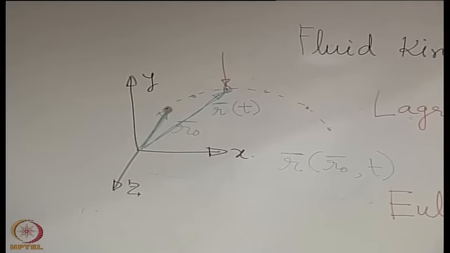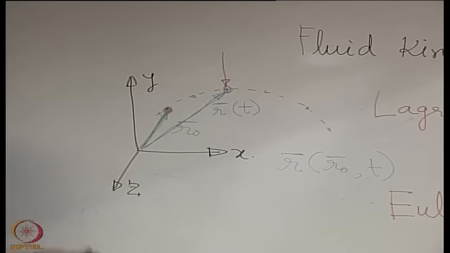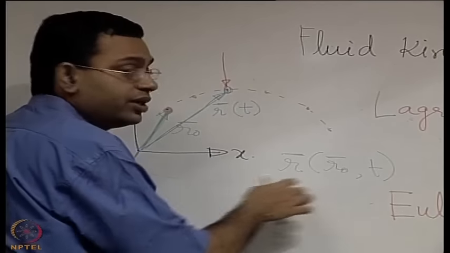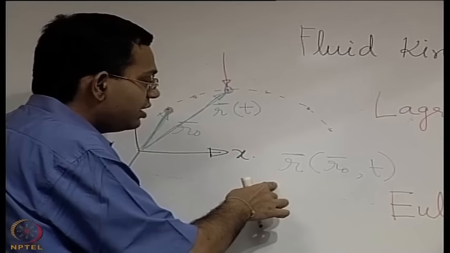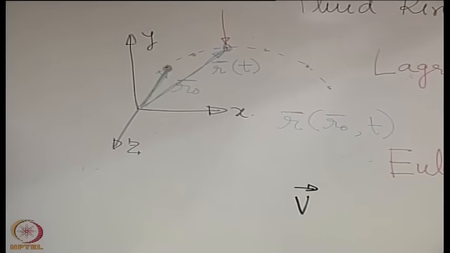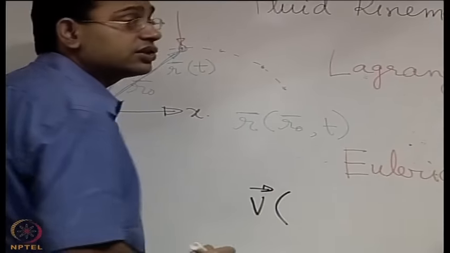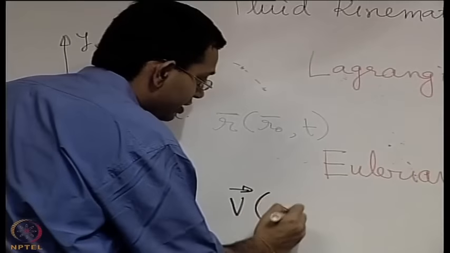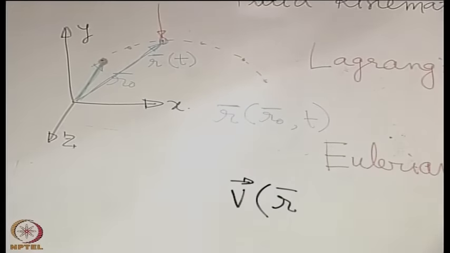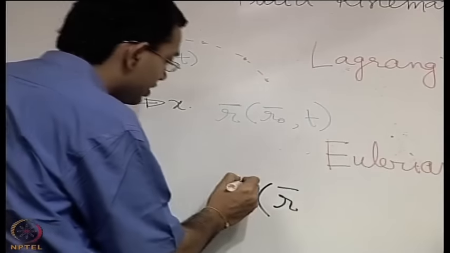So we can write the Eulerian description in the following way, just like we could write the Lagrangian approach. In the Eulerian approach, the velocity at a particular position is a function of the position r and the time t, because it also varies with time.